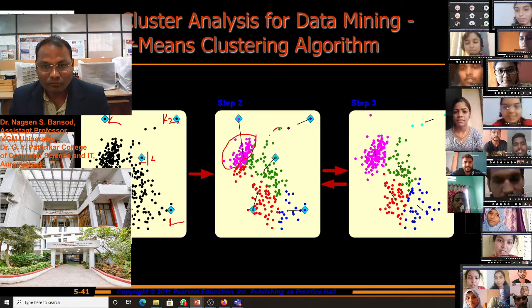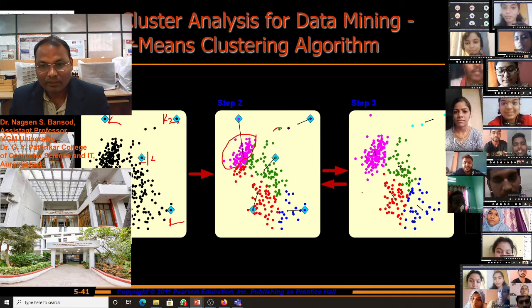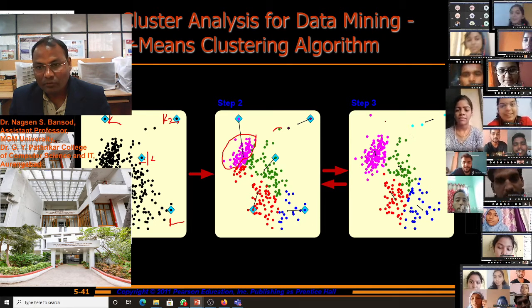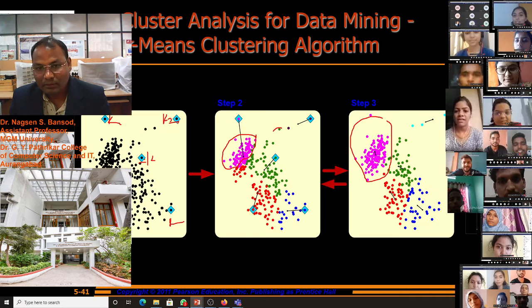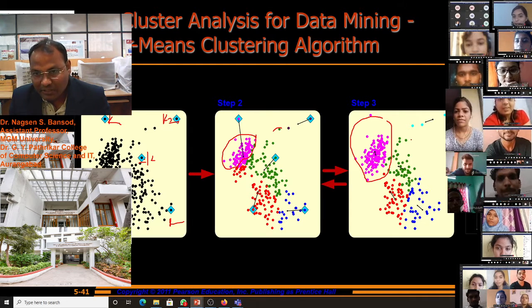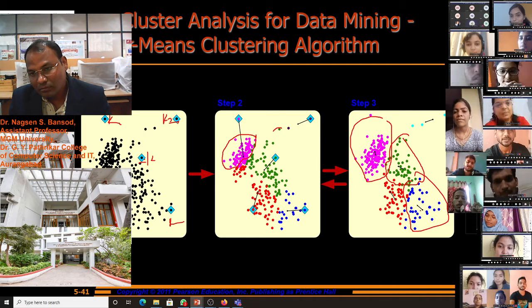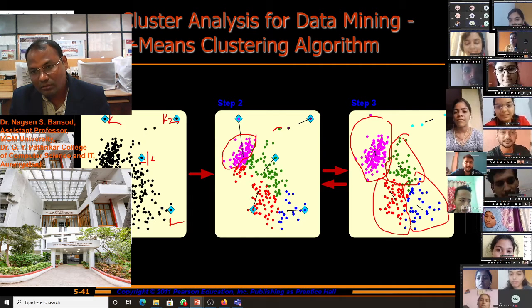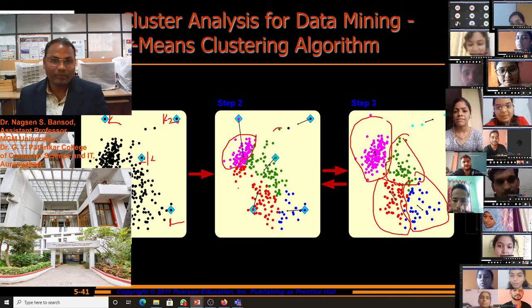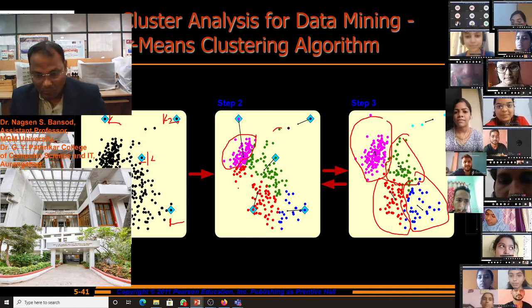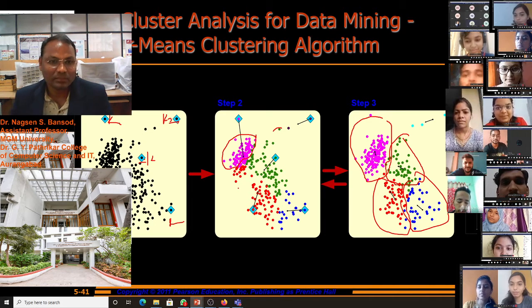Green cluster, then red, and after this step 3 we will measure the distance and create the clusters like this, nearest values cluster. Like this the k-means clustering algorithm will work for data classification.